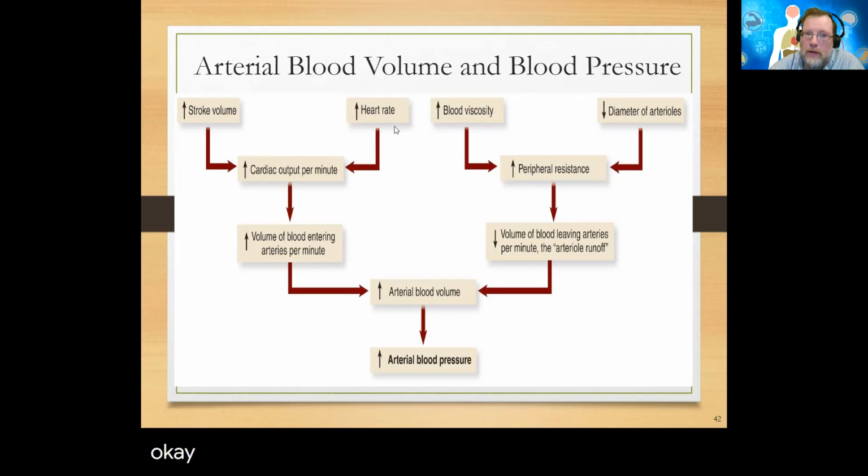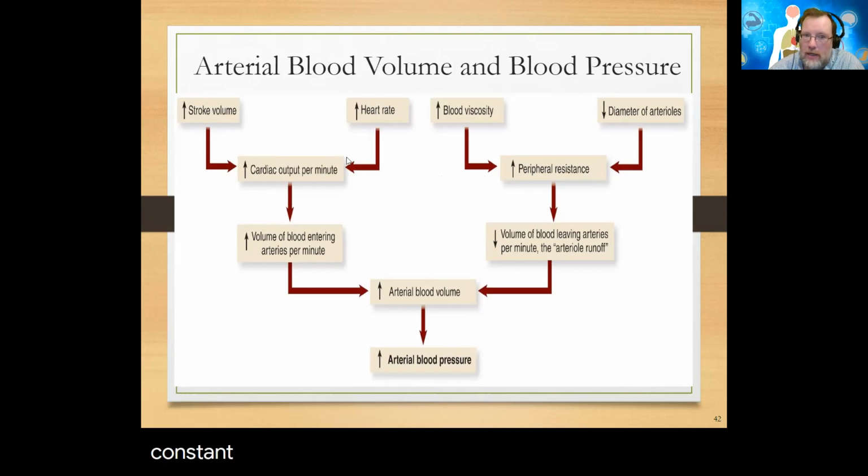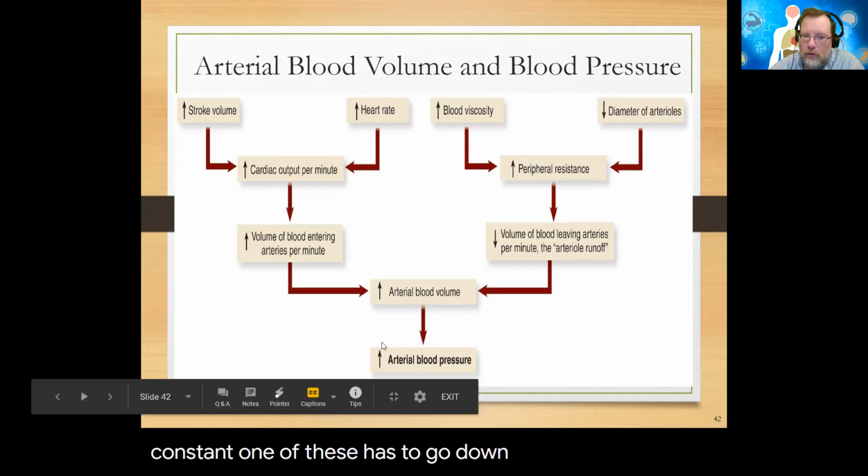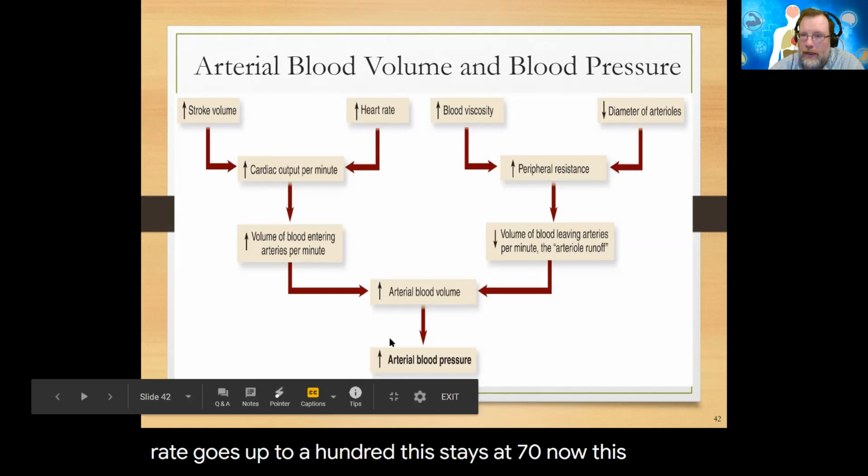If heart rate goes up but I want to keep blood pressure constant, one of these has to go down. So if our normal number is 5,000, and heart rate goes up to 100 and this stays at 70, now this is 7,000.